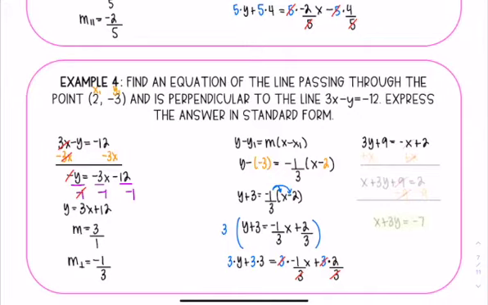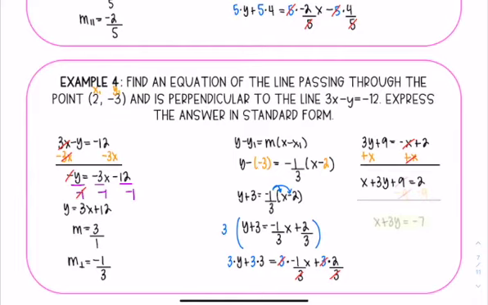We want to make sure we get x and y on the same side, so I'm going to add x to both sides. So we have x plus 3y plus 9 equals 2.